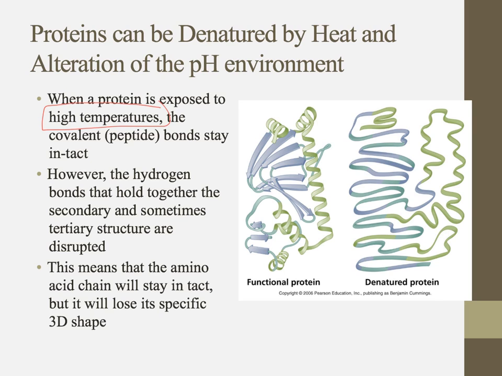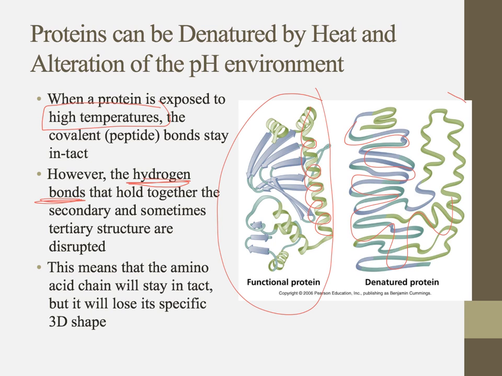However, the hydrogen bonds that hold together our secondary structure, so they're holding together these alpha helices or the beta pleated sheets, come undone when you expose them to high temperatures. And what that's going to do, that's going to kind of unwind them, and you can't put them back together. Well, if our protein needed to be this specific shape in order to do its job, and now it's this specific shape, it's not going to be functional anymore. It's not going to be able to catalyze those reactions.